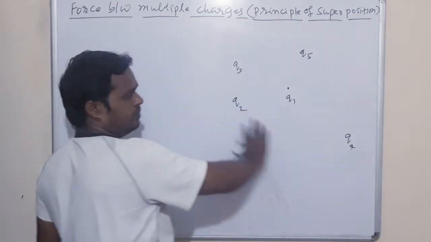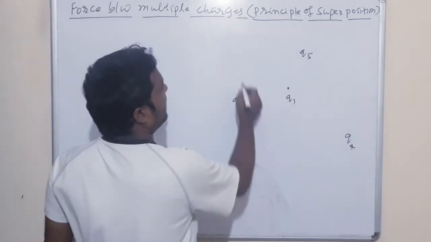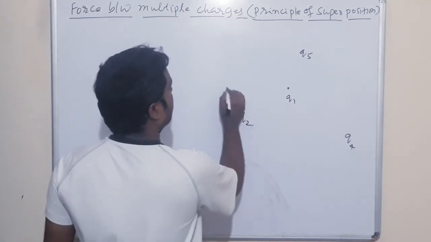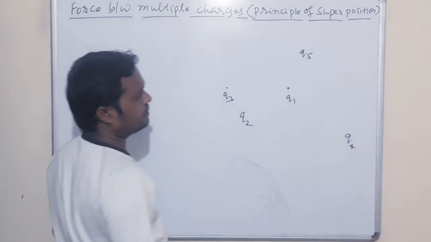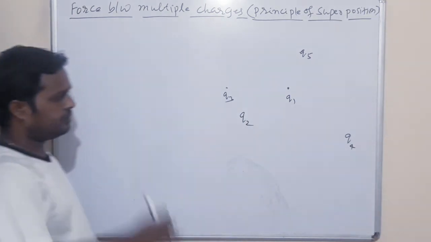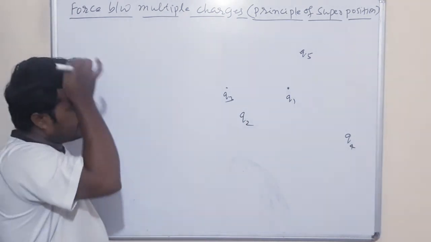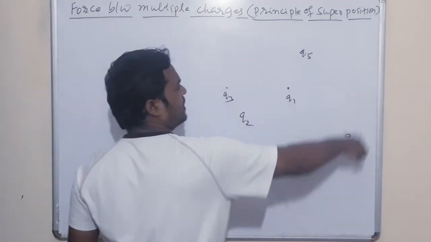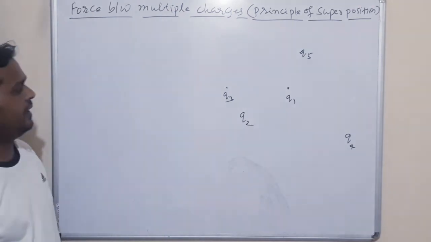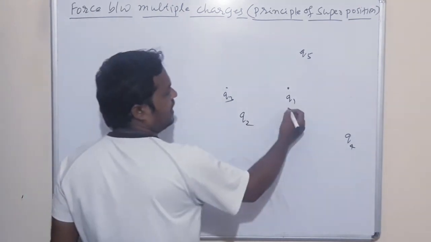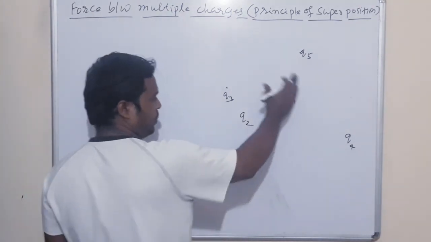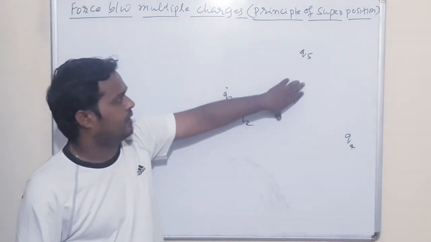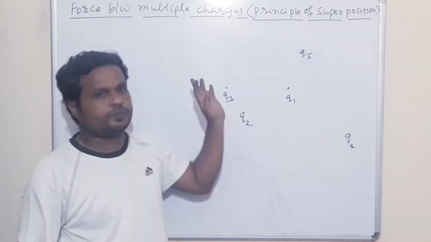In this system, if I want to calculate the net force acting on any one charge due to all other charges of the system, then I will consider this as the given charge Q1. Then I want to calculate the net force acting on Q1 due to the remaining charges.